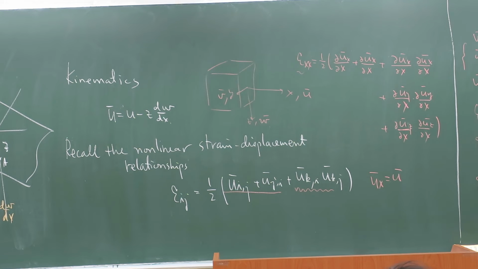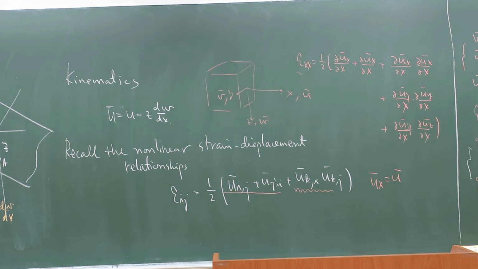Okay, so all these terms we have to drop. This is 0, right? And this is 0, right? But anyway, we have epsilon x is what we consider. But if you need to consider epsilon y, after you get u bar and w bar, maybe.